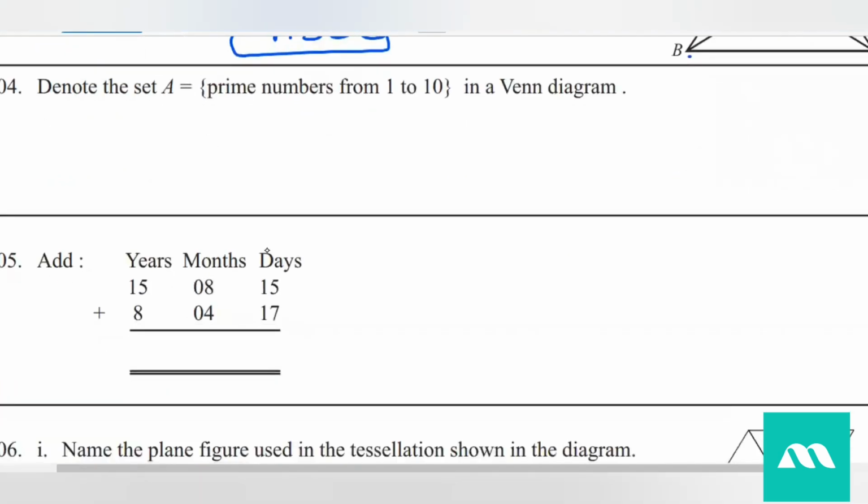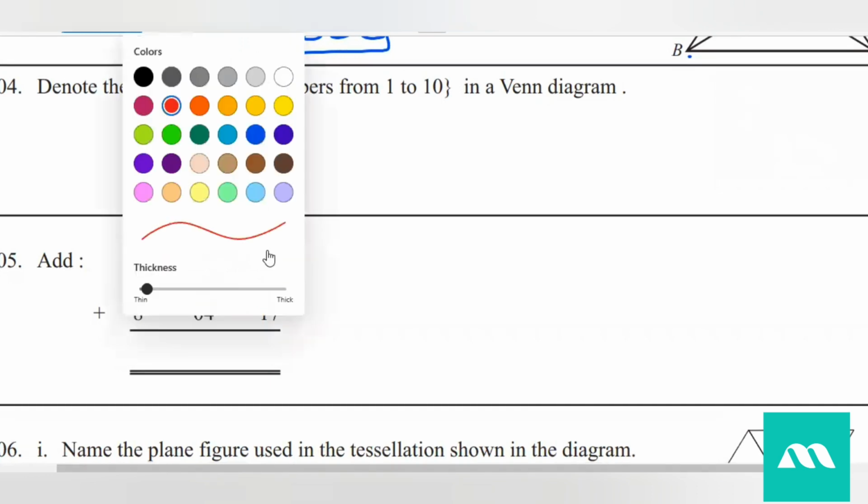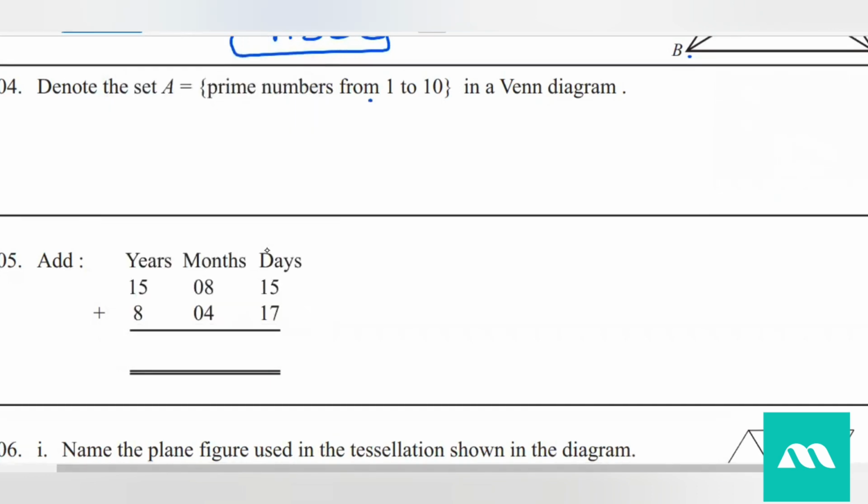Denote the set A prime numbers from 1 to 10. When it says 1 to 10, that means we can consider 1 and 10 if it belongs to the set. But we know that 1 and 10 are not prime numbers.